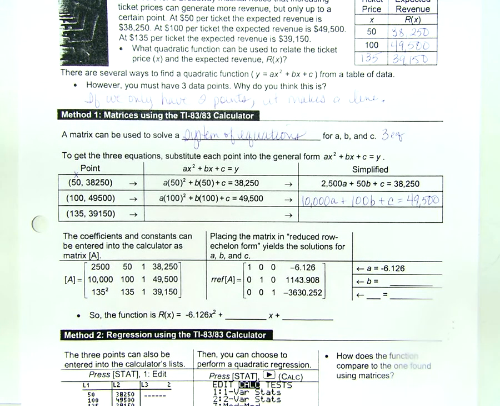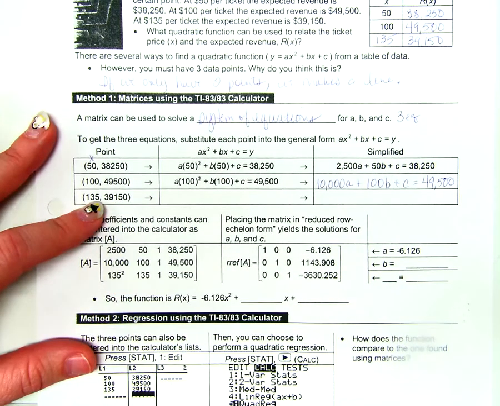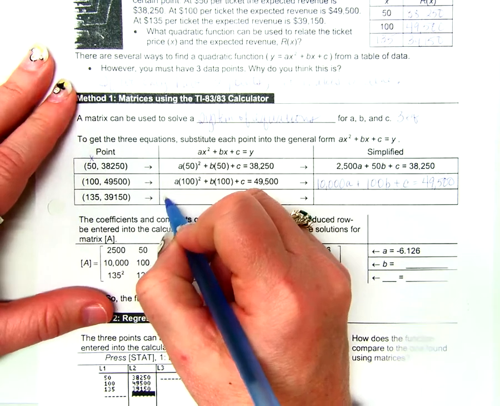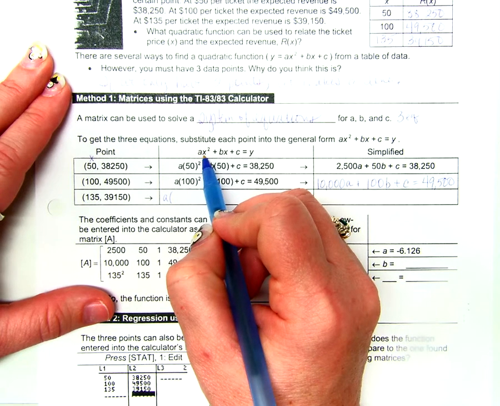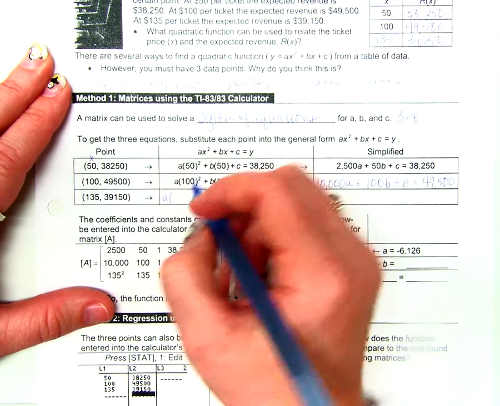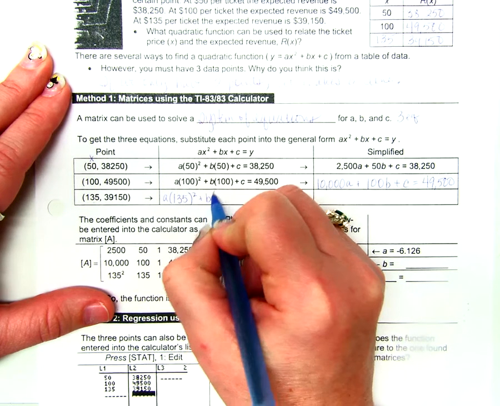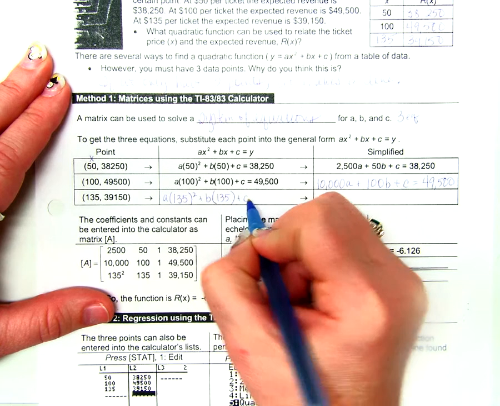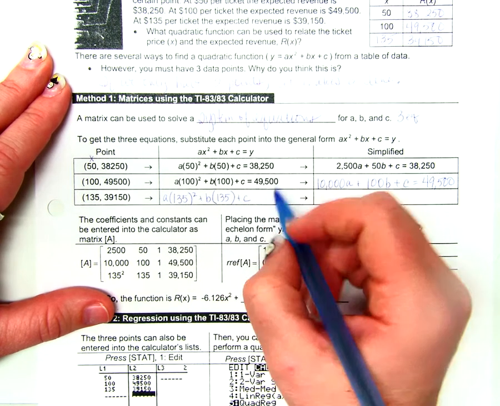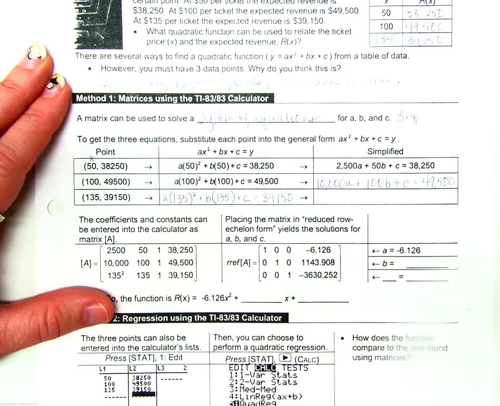Okay so far? So what about this last one? What are we going to do? So A times, what am I plugging in for x? The x value of the point, right? So 135 squared plus b times x, which is 135, plus c, no x there, it's just the constant, equals 39,150.